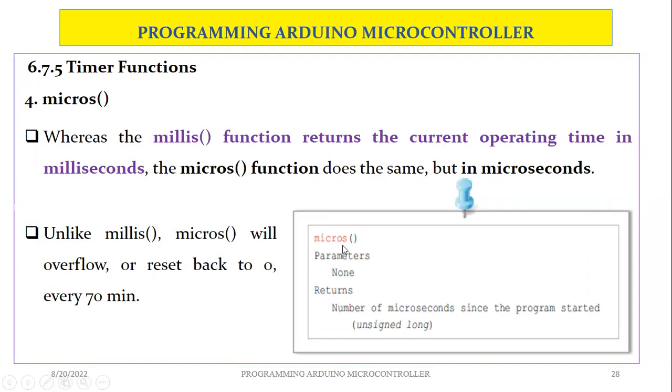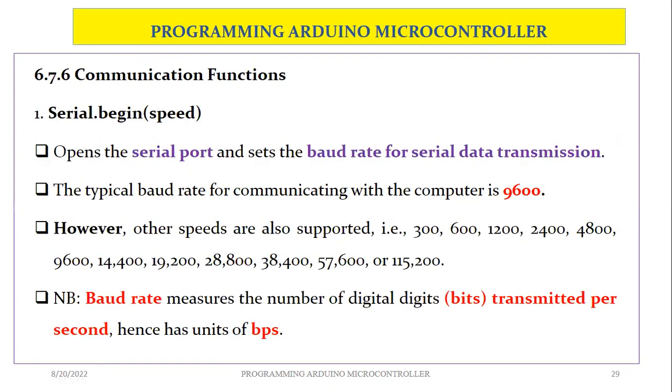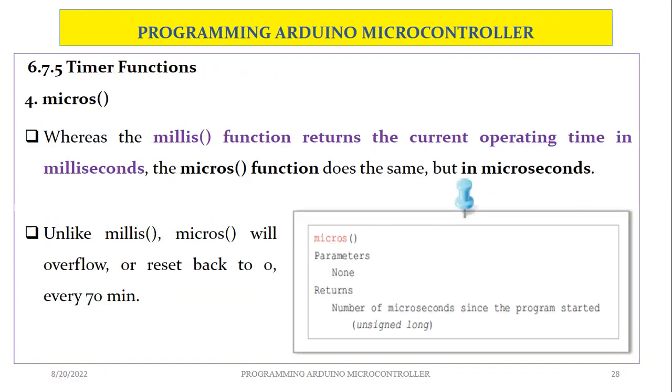The syntax is micros, and we don't specify any parameters in the brackets. What it returns is of unsigned long data type. It will be the number of microseconds taken since the microcontroller started executing the program.